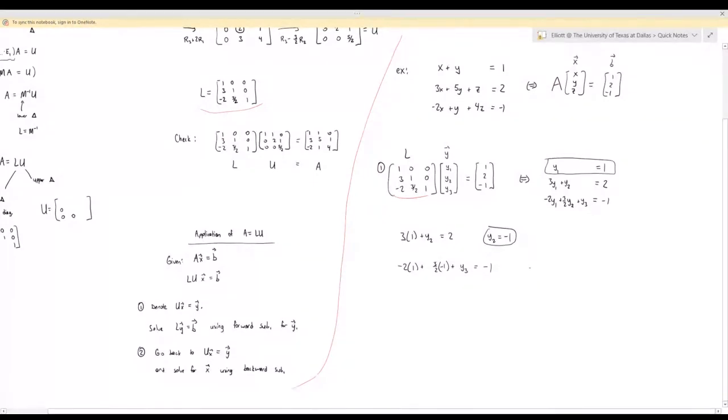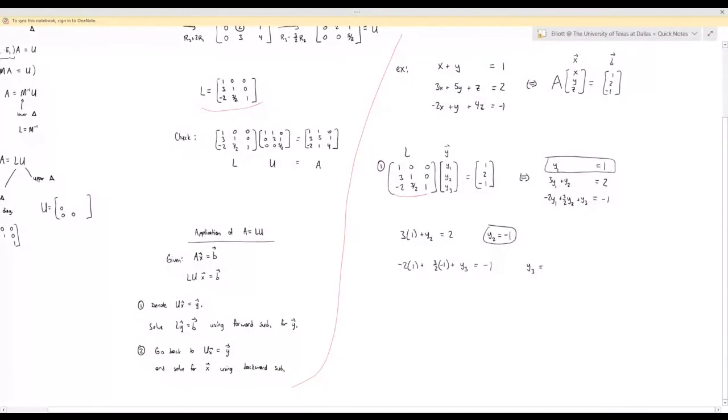If we move everything over to solve for y3, it's going to be 5 halves for y3. So we just solved for y.